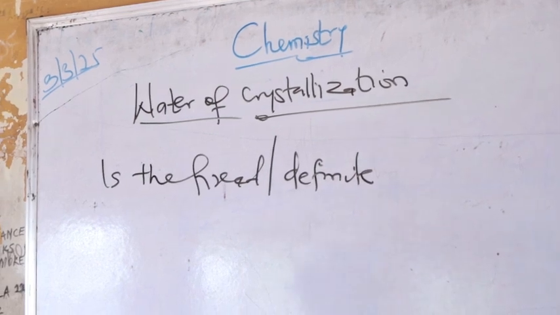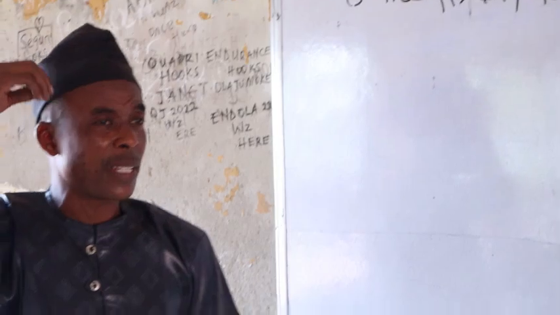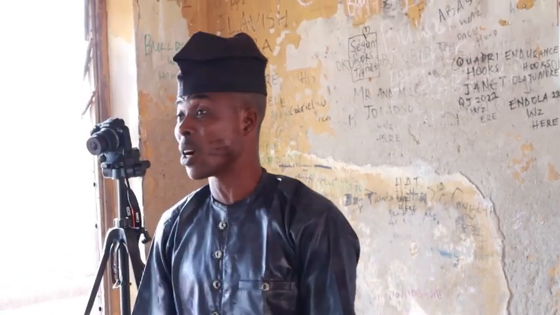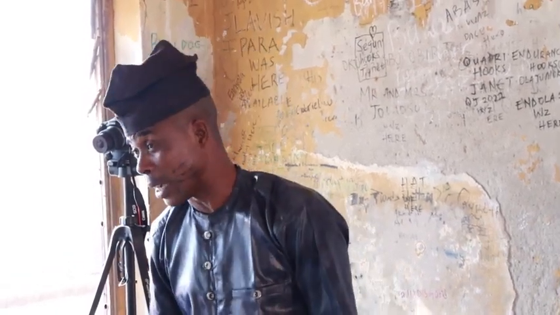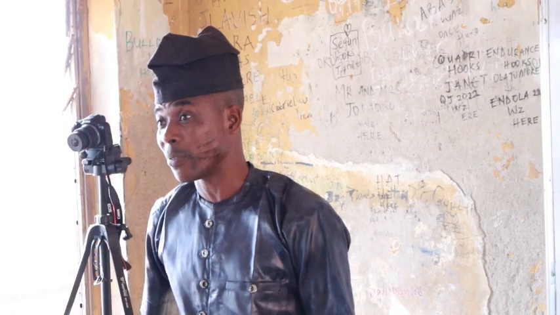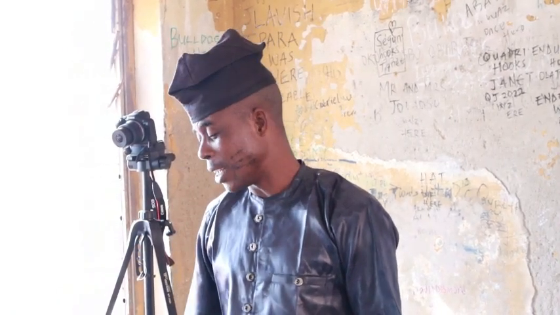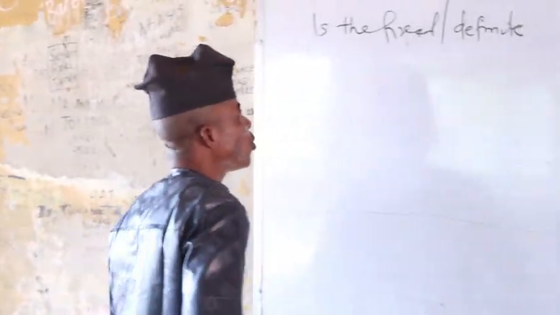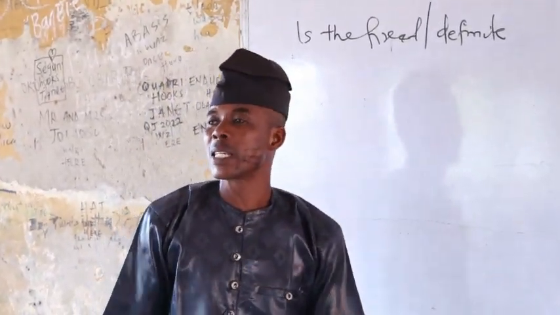That means when we talk of water of crystallization, it's usually in whole number. You cannot have 4.5 H2O attached to a salt. It is usually what? Whole number.